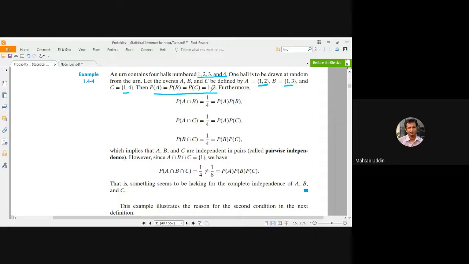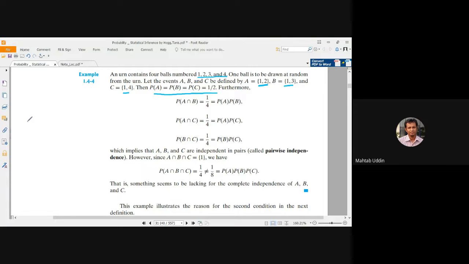What is this? 1 by 2? 1 by 4? Not 1 by 4, it is half. A, B, C all have the same probability, that is 1 by 2, half. Now, you can see A intersection B has the common element 1.